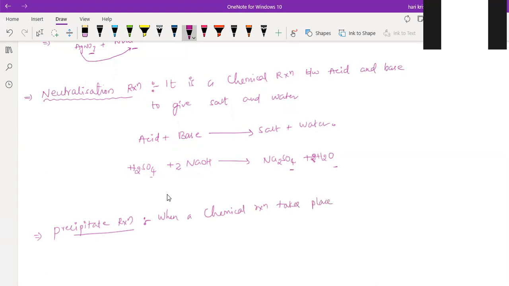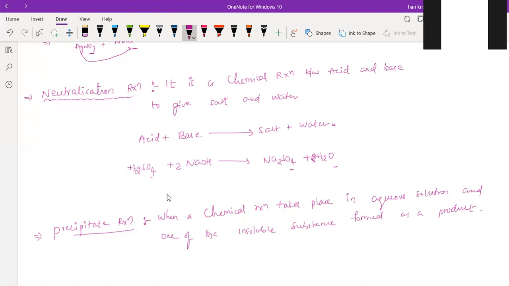When a chemical reaction takes place in aqueous solution and one of the products is an insoluble substance forming at the bottom of the beaker, that is called a precipitate reaction.